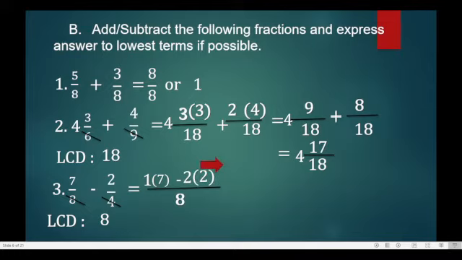That will become 1 times 7 is 7, and minus 2 times 2 is 4 over 8. And 7 minus 4 is equals to 3/8.